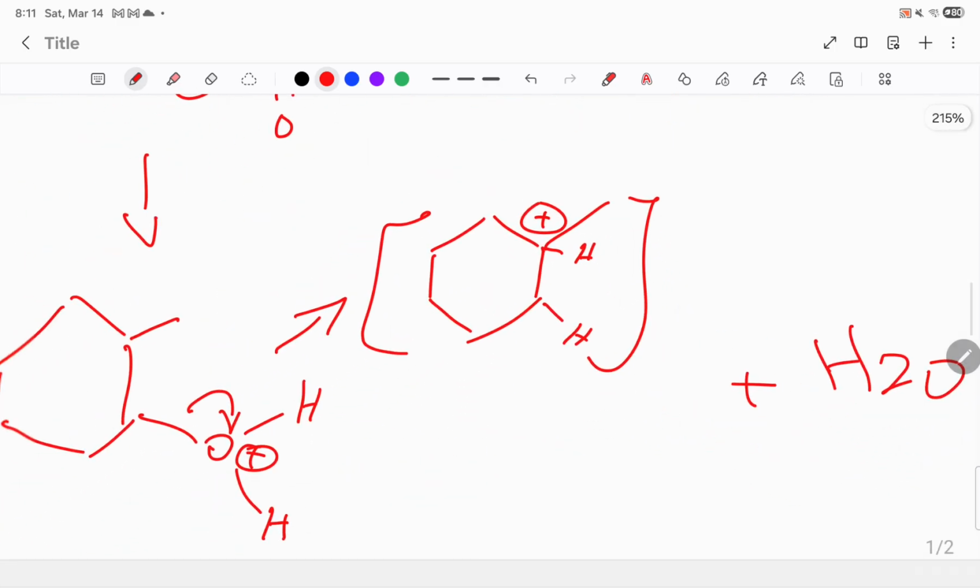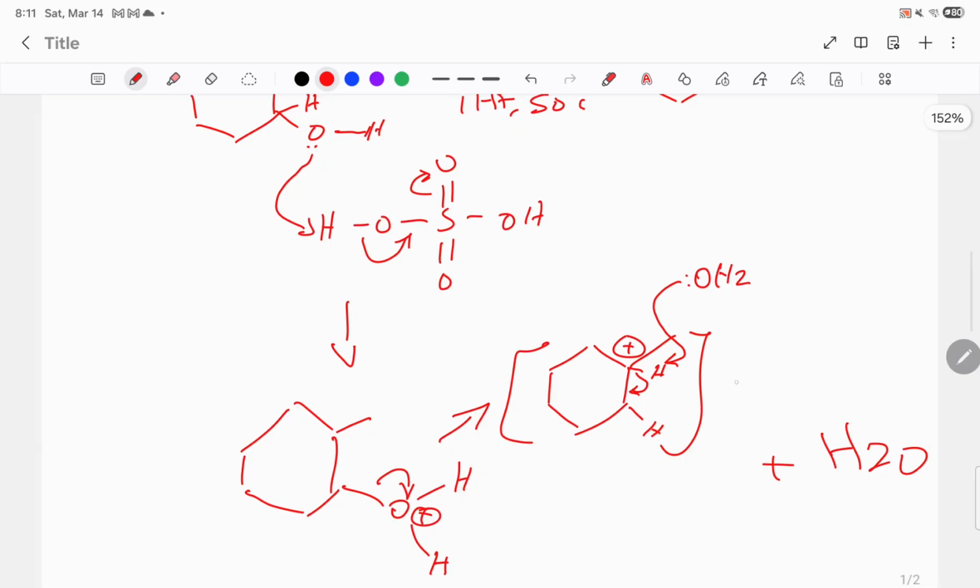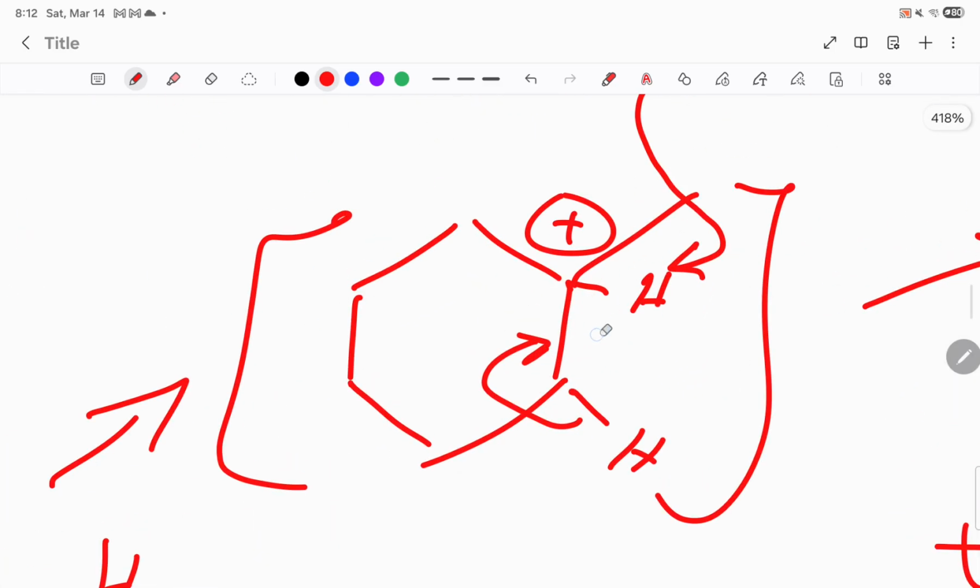And so how do I do that? Well, a water molecule comes in here and abstracts this proton, and the electrons go into that bond. And of course, what do we get? We get our nice little product over here. Remember, we couldn't have done this if we extracted this proton, the electrons would have gone here, and guess what?